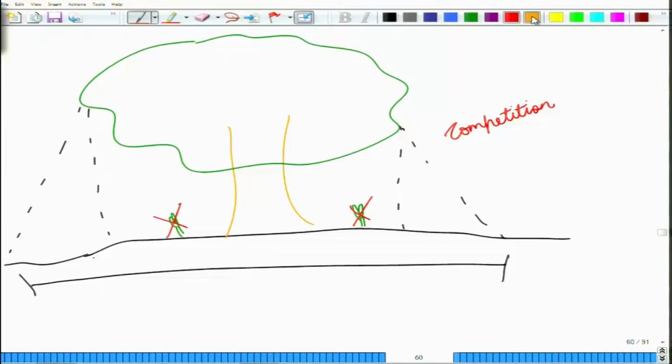On the other hand, this tree by the same process might also be helping somebody else. So, for instance, if we have an animal and this animal cannot face the very high heat that is there in the summer seasons, you will find that this animal will move in the shade of this tree, and so this animal will get some help out of this tree.